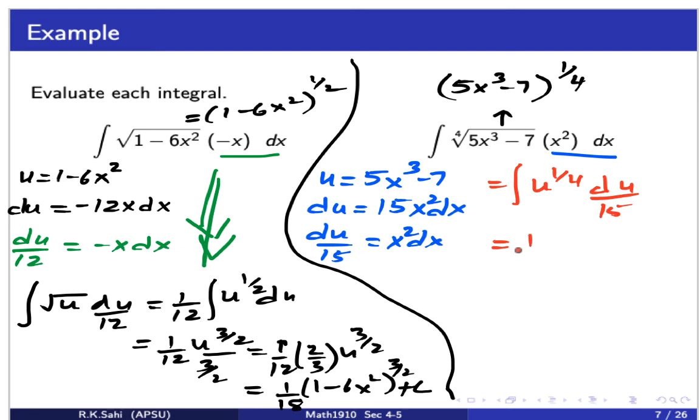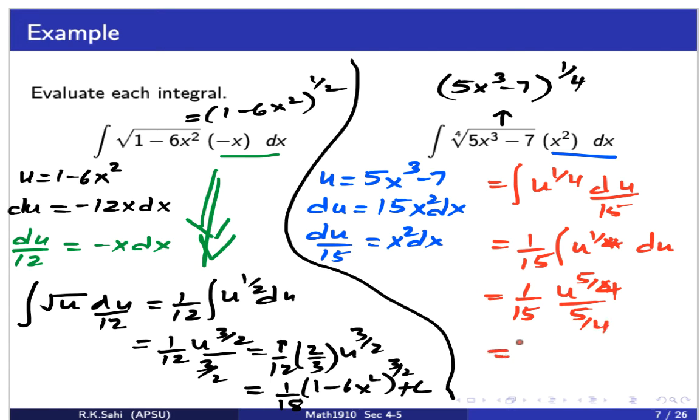Take 1 over 15 out: integral of u to the power 1/4 du. What do you get? 1/15 u to the power 5/4 over 5/4, which is basically 4 over 75. Replace u by 5x cubed minus 7, to the power 5/4.